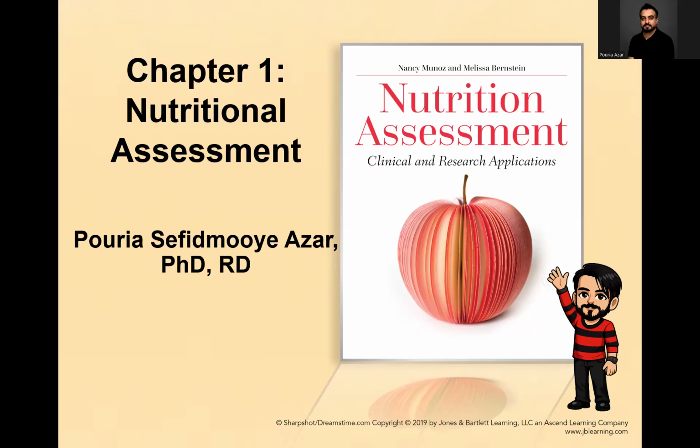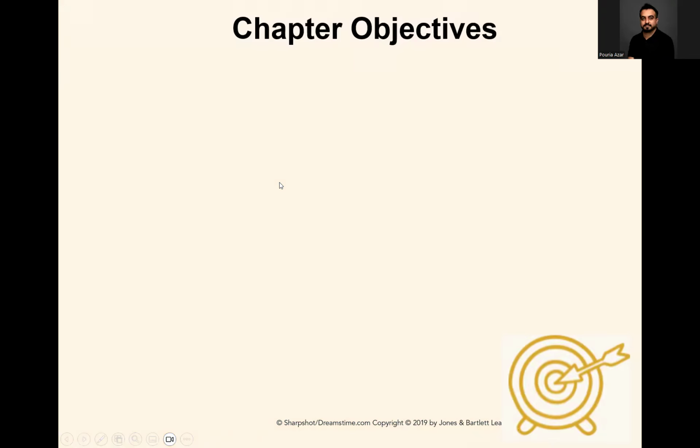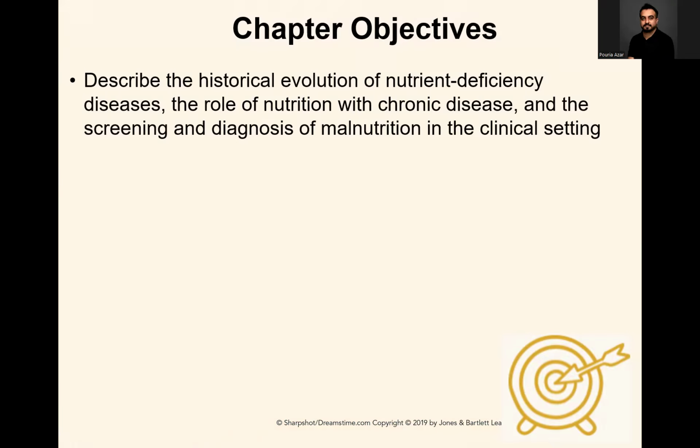Welcome to chapter 1. In this chapter, we will provide some basics and introduction to nutritional assessment. So, here are our chapter objectives. First, we will see the historical evolution of different types of disease in the world and in the US, from chronic disease and infectious disease.